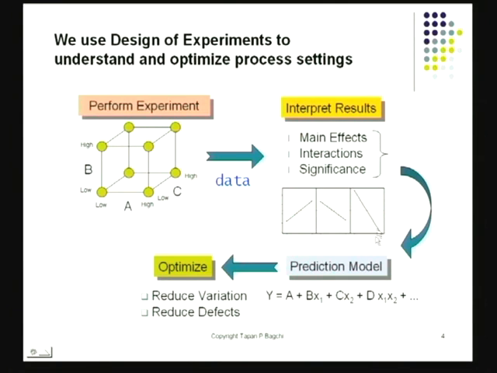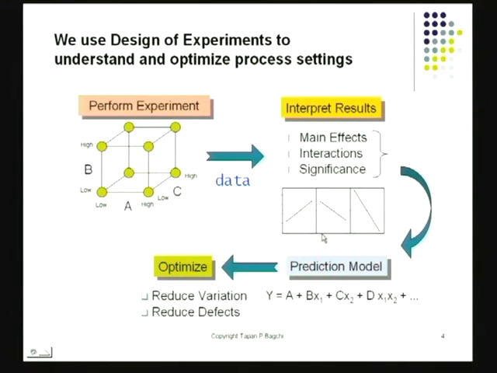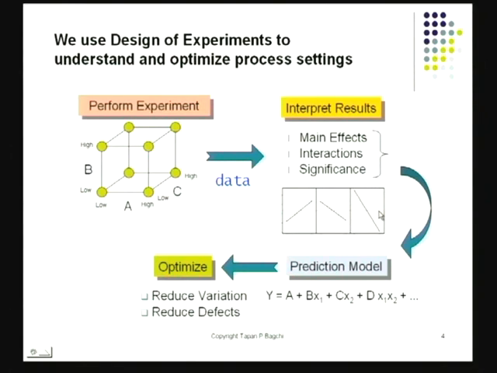Now here, if my goal was to try to maximize the output, I would be picking the high setting for A plus the low setting for B plus the low setting for C. So high at A, low at B and low at C. This combination is going to give me the maximum output, the highest value for the response Y. That's something that I did pretty simply just by trying some experiments, doing some data analysis and plotting these little plots here.